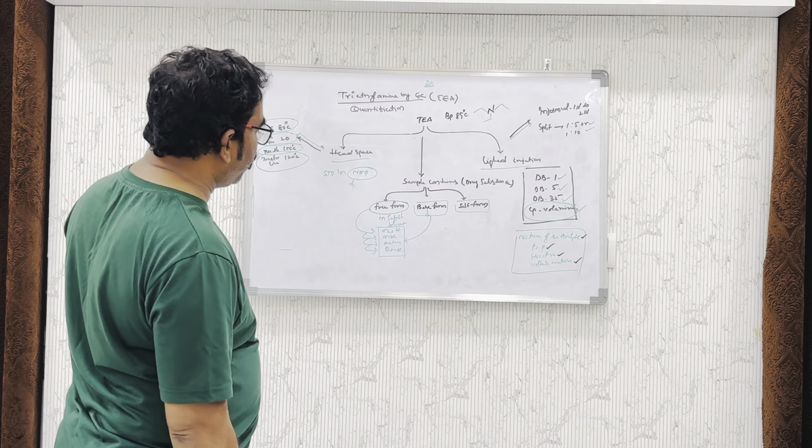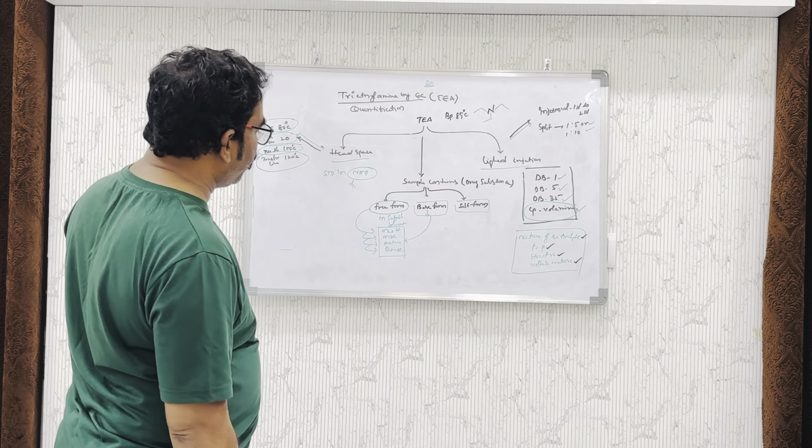But when we are analyzing the salt form, this direct solubility method will not work, because when the sample contains salt, the 99% recovery fails, it will not pass, because the triethylamine reacts with the salt and you cannot get the peak.